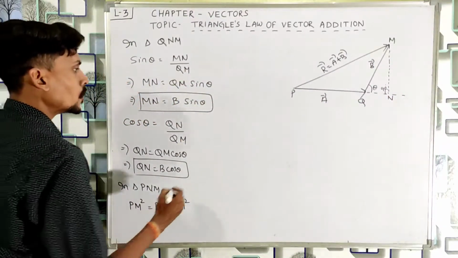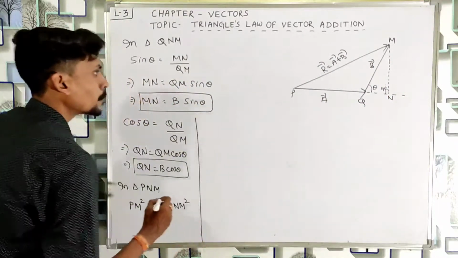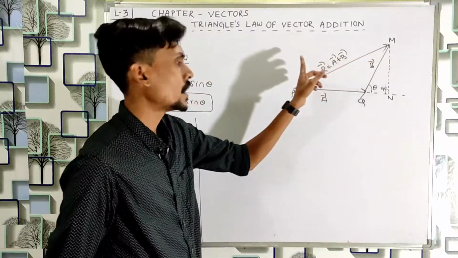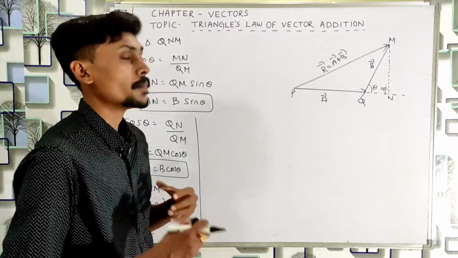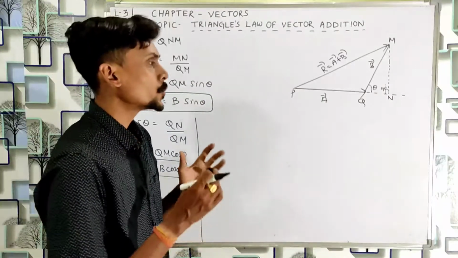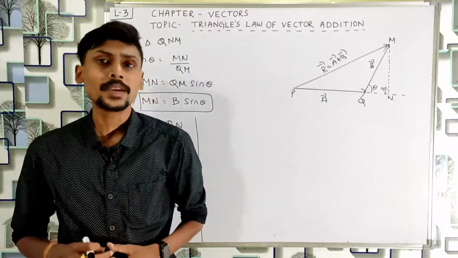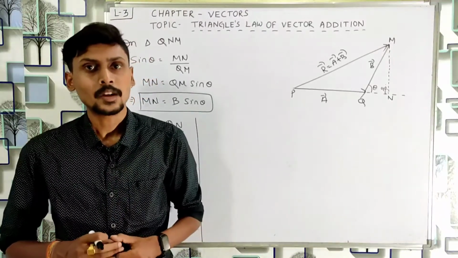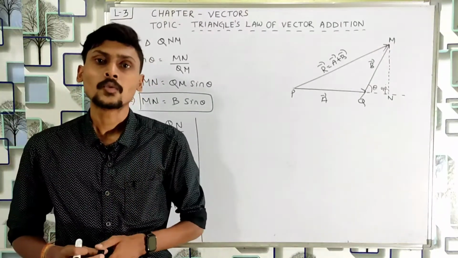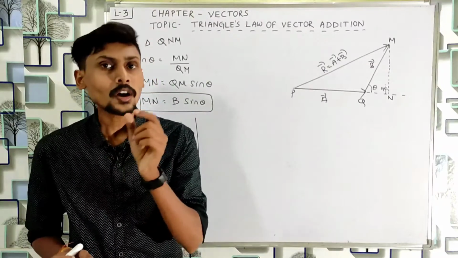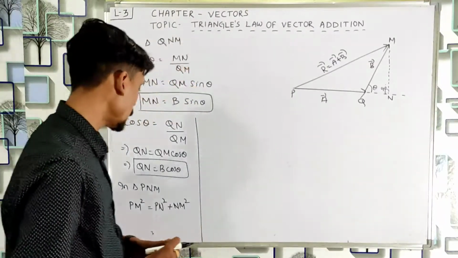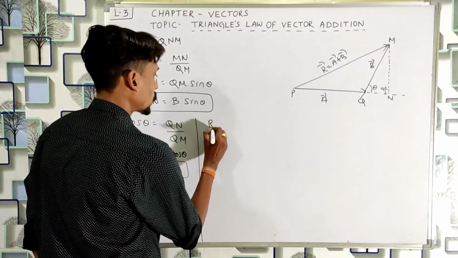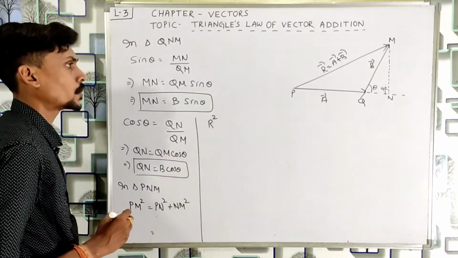Okay. So what is PM? PM is the length of this side and the length represents the magnitude of the vector. Since the side PM represents the resultant vector r vector, so the length PM will represent the magnitude of r vector. So in place of PM I can write r. So PM square will be r square.